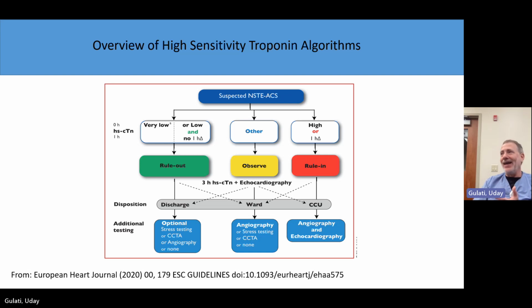When you look at MI, it gets broken up into 5 different categories, and that's the universal definition of MI. The important ones are really a type 1 MI, which implies plaque rupture or plaque erosion, or a type 2 MI, which implies demand-supply mismatch. But a type 2 MI is supposed to have an ischemic context, right?